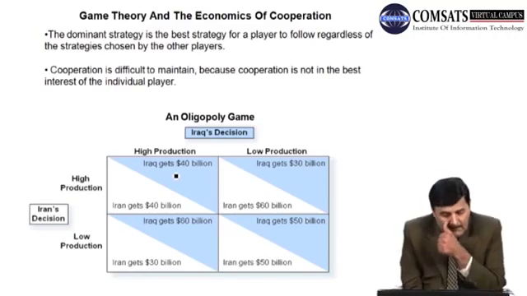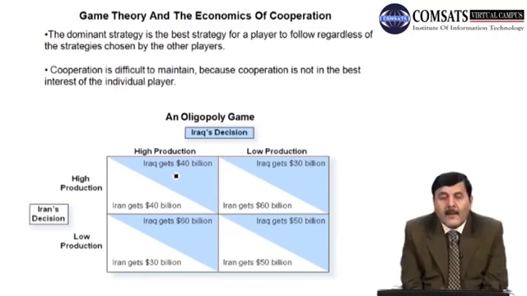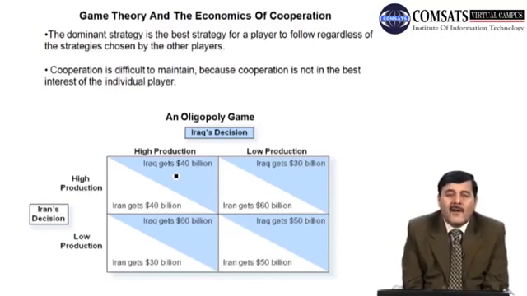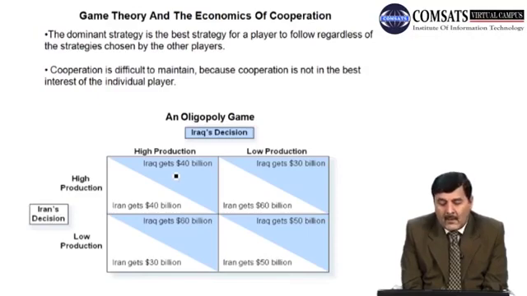But the best strategy for Iraq, the dominant strategy for Iraq, is to produce oil at a high level, because while producing oil at a high level, it is getting the maximum returns, which is 40 billion.